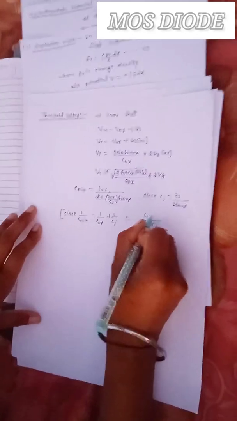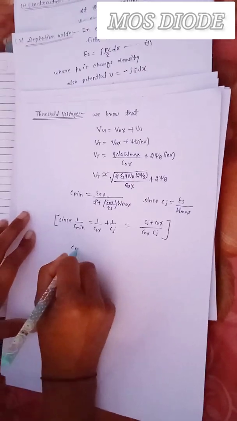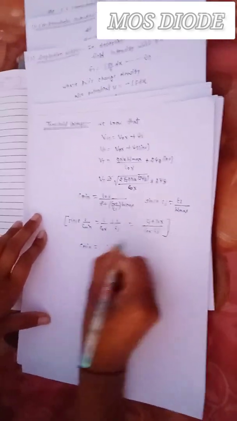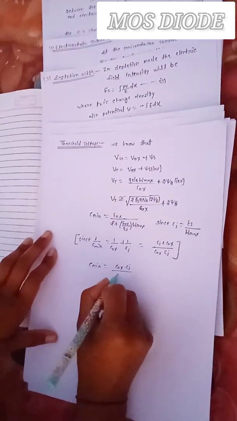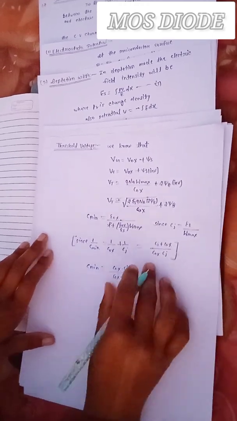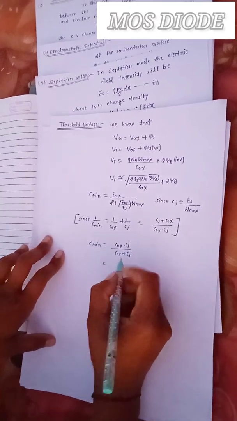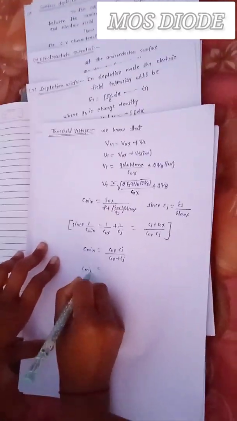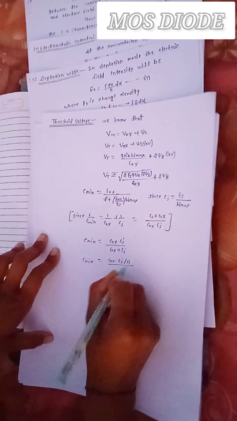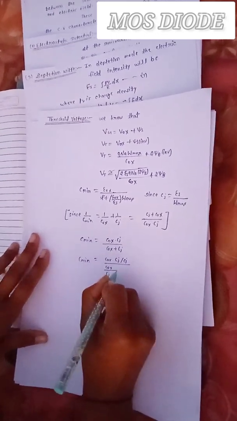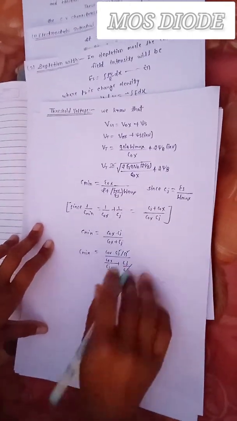So in this condition, C minimum is equal to C ox into Cj upon C ox plus Cj. So we divide numerator and denominator by Cj. So the value of C minimum is C ox into Cj upon Cj, and C ox upon Cj plus Cj upon Cj, and Cj is cancelled.